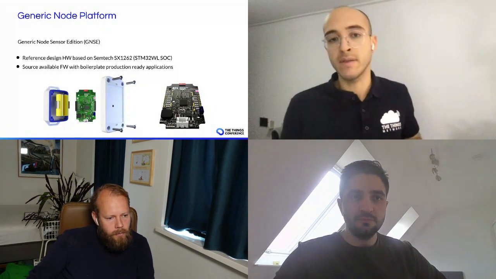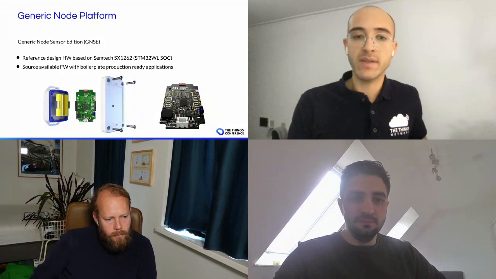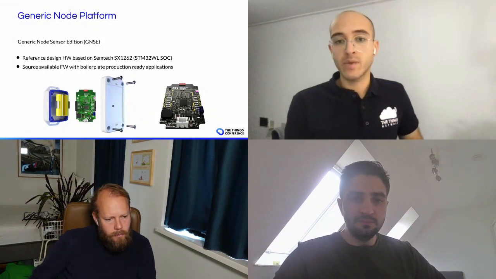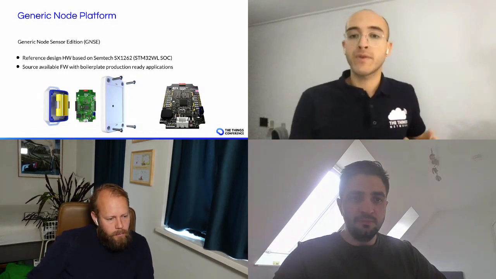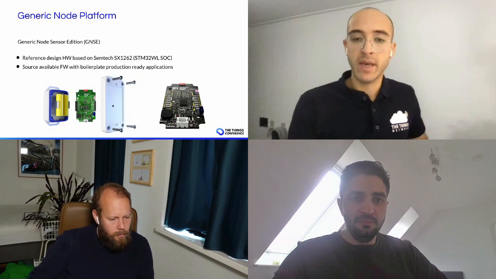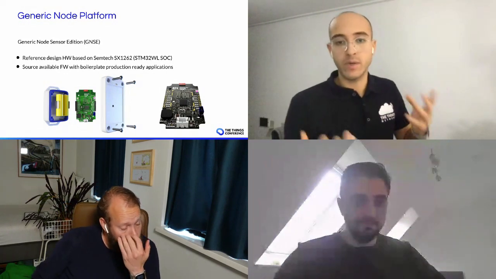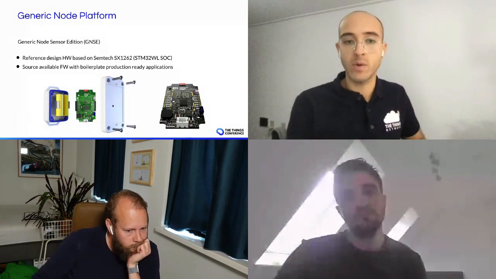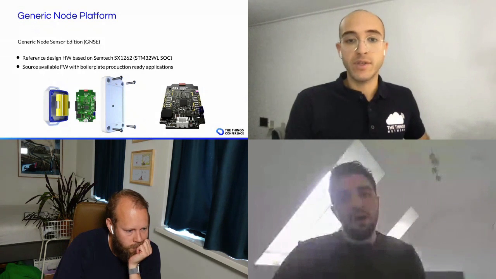And inside this generic node platform, there are 2 different hardware devices. The first one is the generic node sensor edition, and this is a hybrid device between prototyping and production. So this is a device that you can order and already use, and it comes with an enclosure and AA batteries.